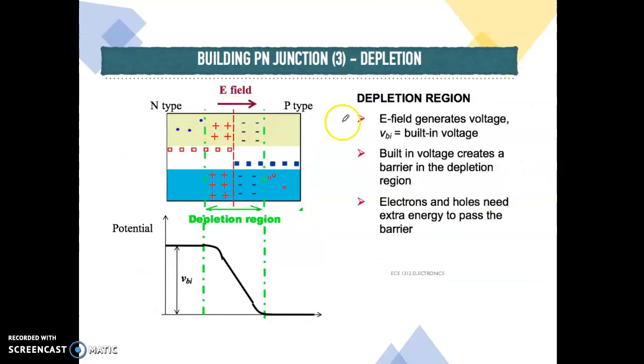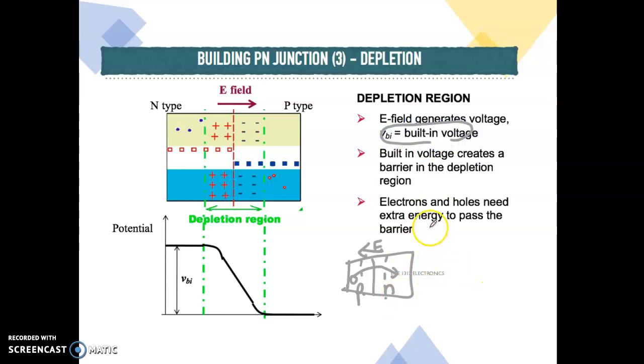Okay, so let's imagine there is an electric field on this opposite side, right? Let's say here is your p and n type. You want this hole to move to your n-type, but your electric field is on the opposite side. It's like a force that does not allow this electron to jump to the n-type. This is what we call built-in voltage.